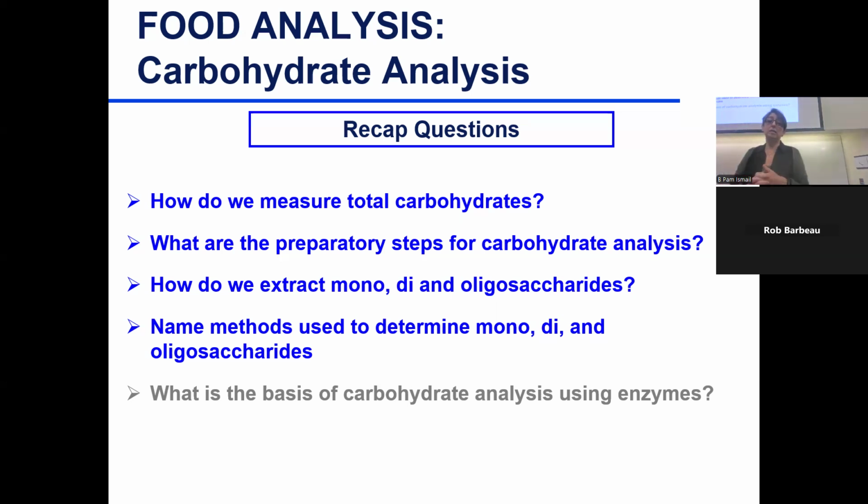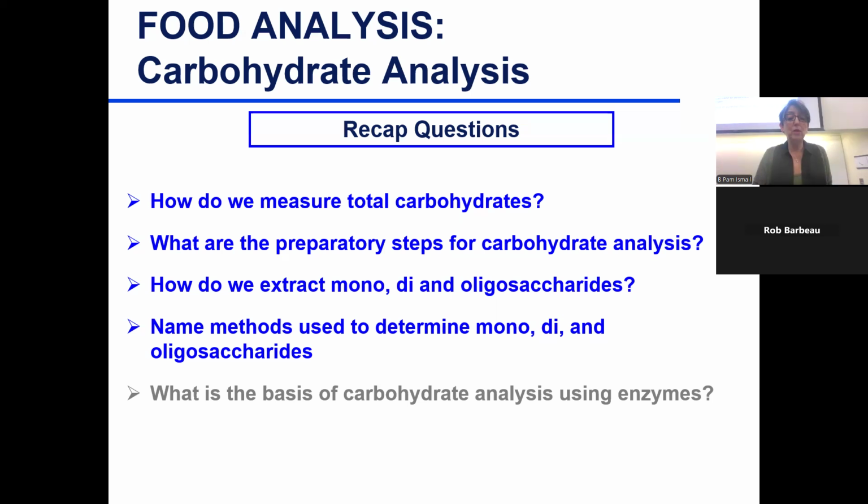It is not capable of determining all complex total carbohydrates you have in your sample, and it's usually used if you have research purified samples or beverages with limited types of carbohydrate in it. It's not a good method for a system that has starch, dietary fiber, oligosaccharides. It's not really the method of choice.